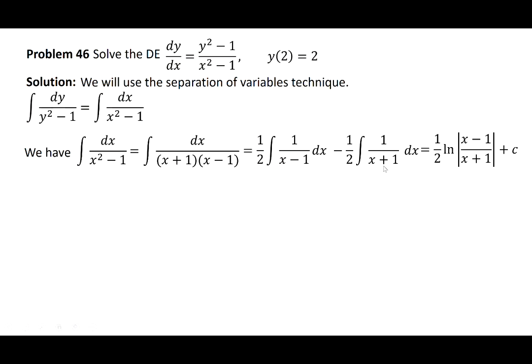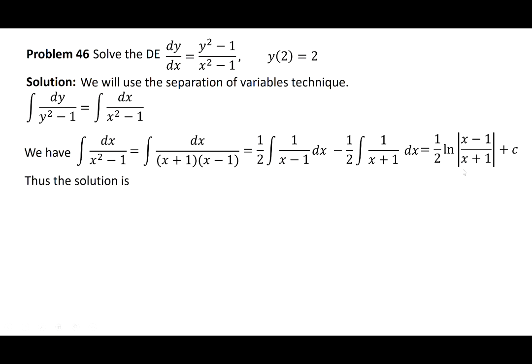Yeah, but there's a property of logarithms. Natural log of a minus natural log of b is natural log of a over b. Right? Natural log of a over b is natural log of a minus natural log of b. I invoke that principle, and here is the answer.